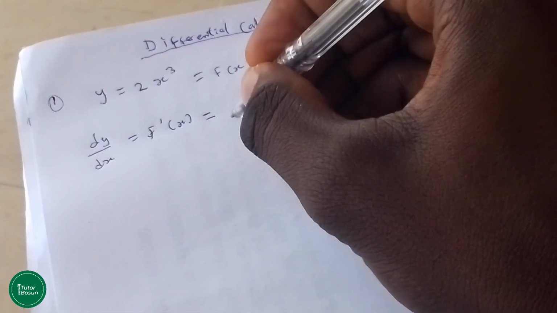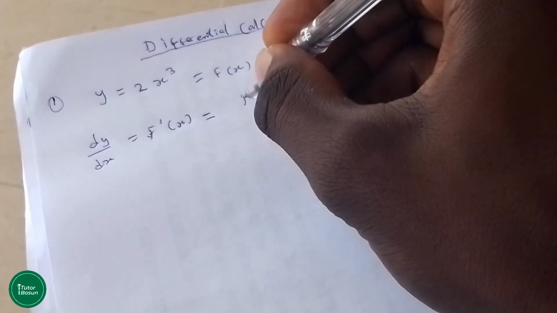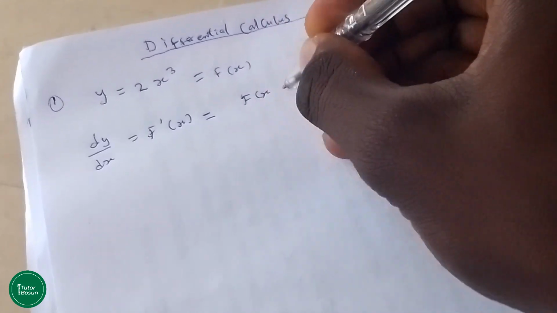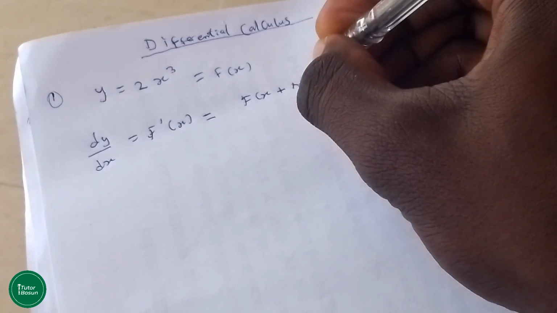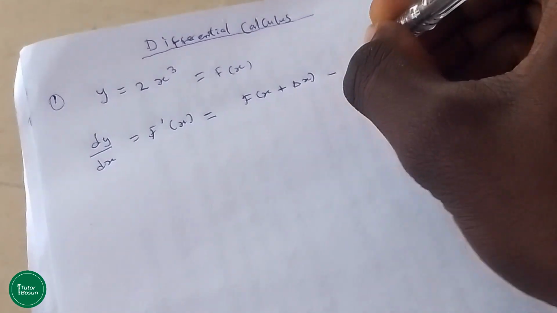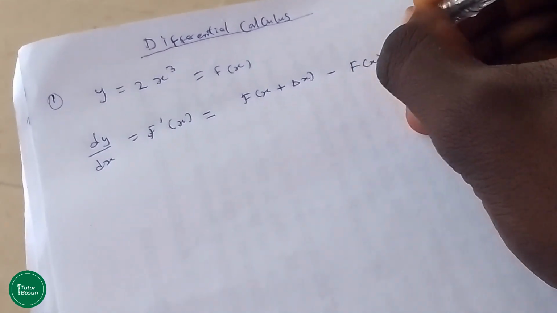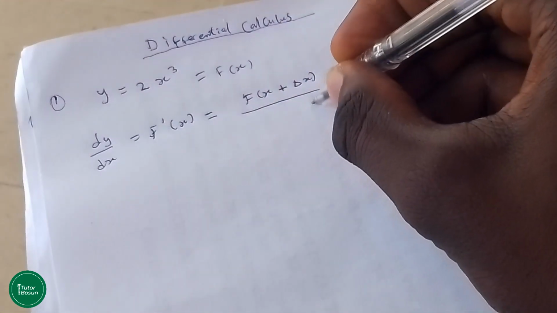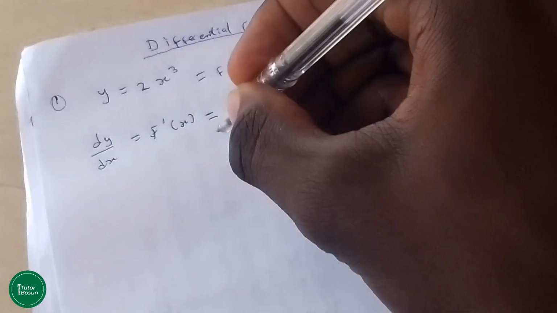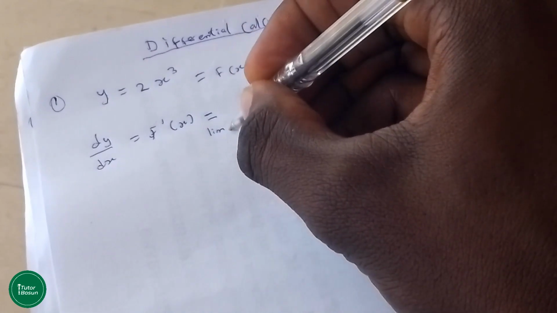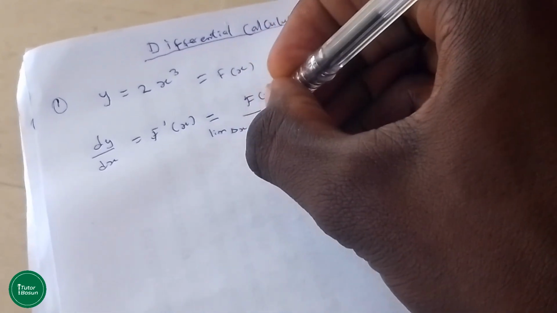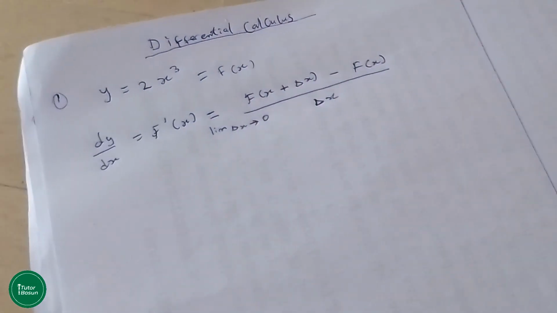This is given by the limit as delta x tends to 0 of f of x plus delta x minus f of x, all over delta x.